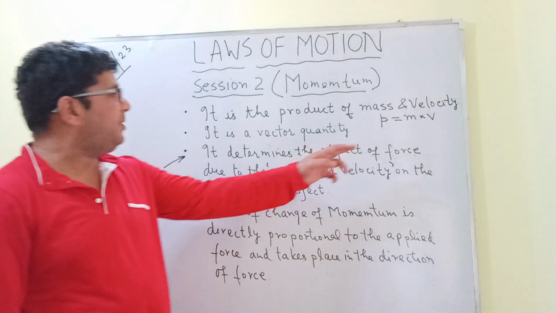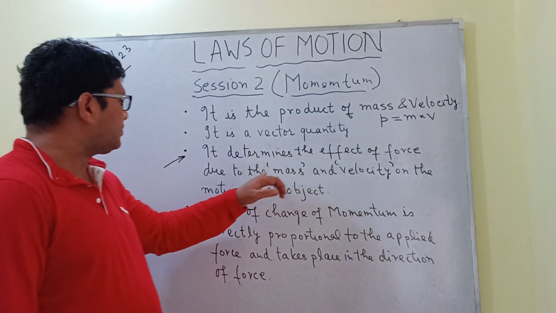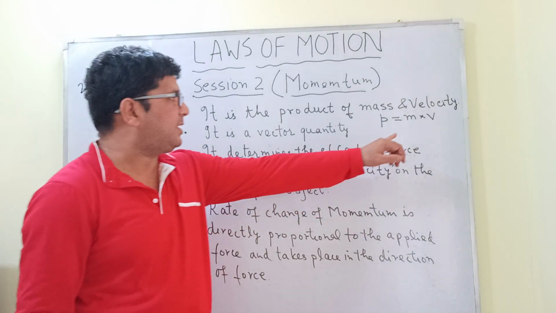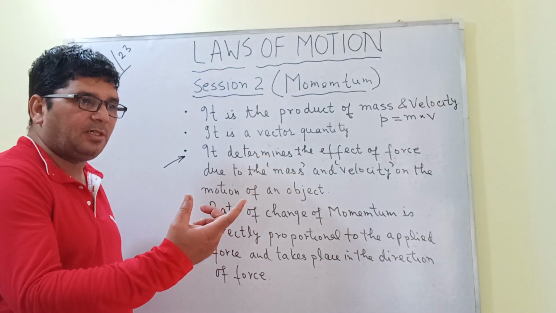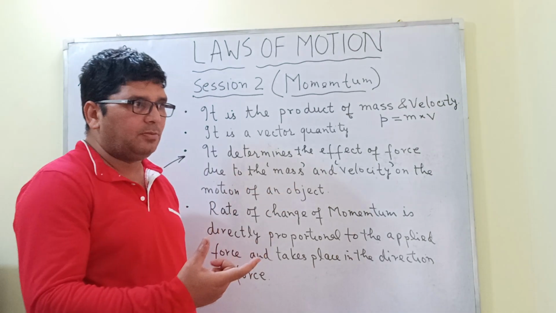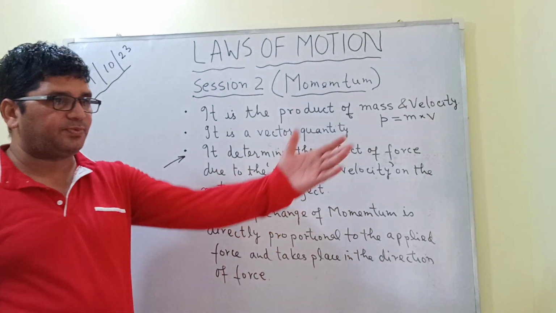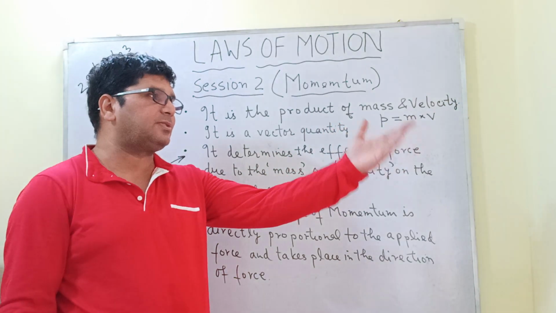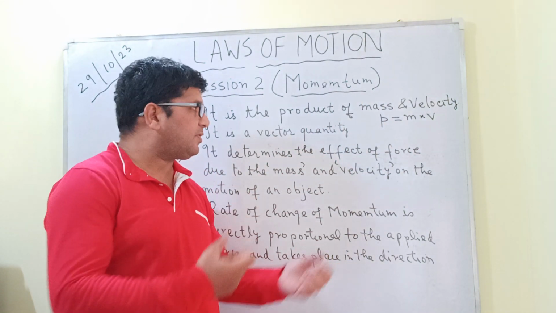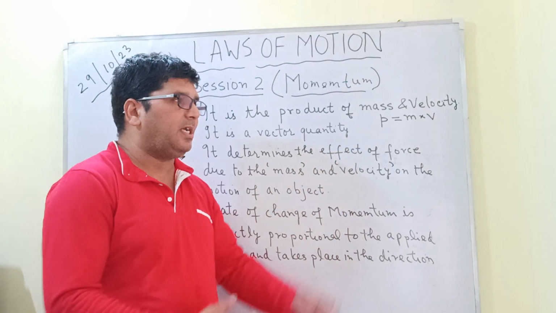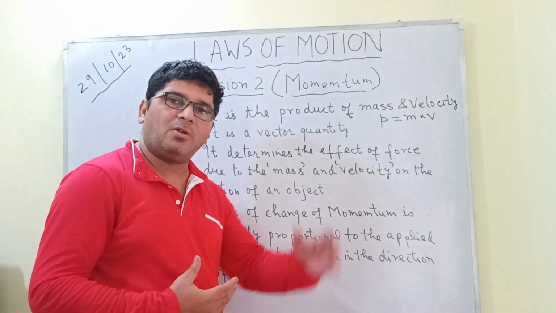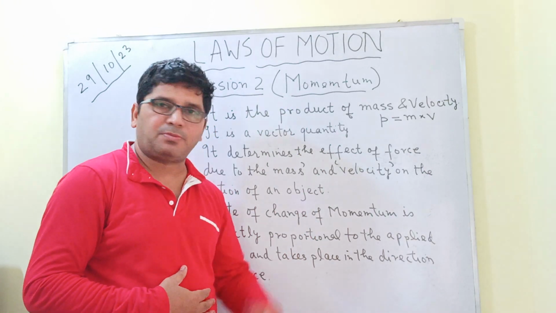Similarly, I will now take the effect of the force due to the velocity on the motion of the object. Let us say I am firing a bullet from a gun at a wooden block. The velocity of that bullet is so high that it will pierce the wooden block and pass through it.